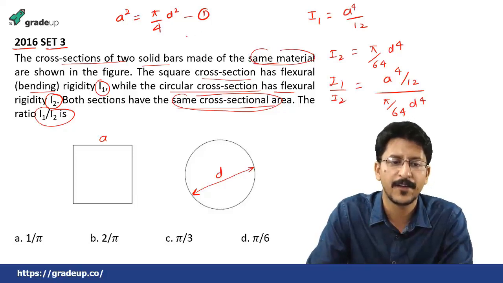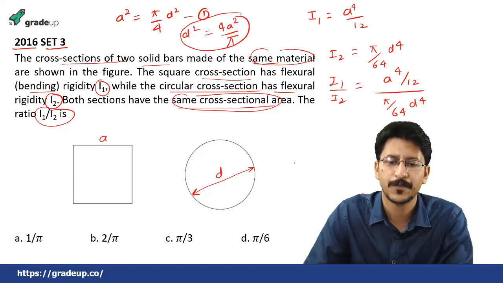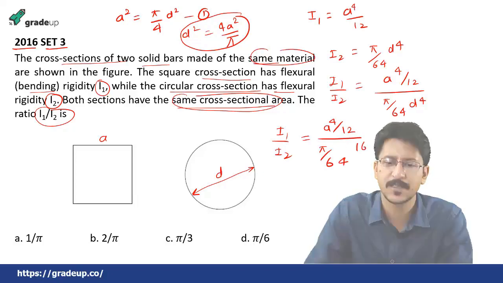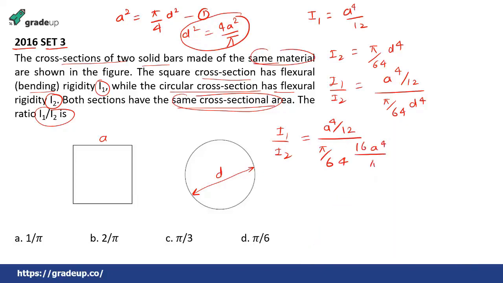From here we can find that D square is equal to 4A square by pi. On substituting this value, we get I1 by I2 is equal to A to the power 4 by 12 upon pi by 64, and D to the power 4 will be the square of this, which is 16 A to the power 4 upon pi square.